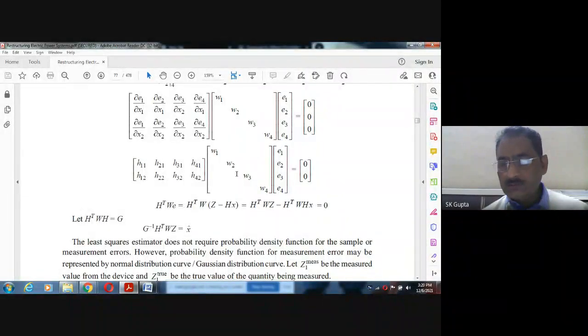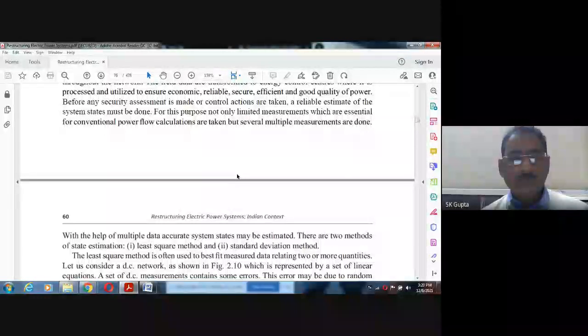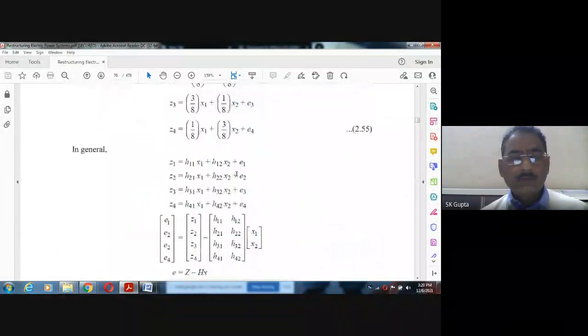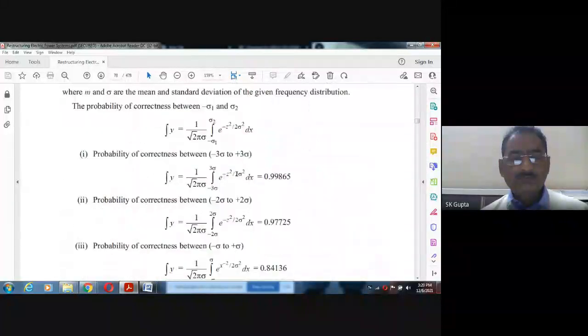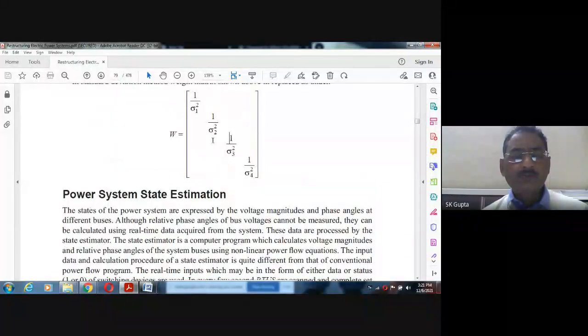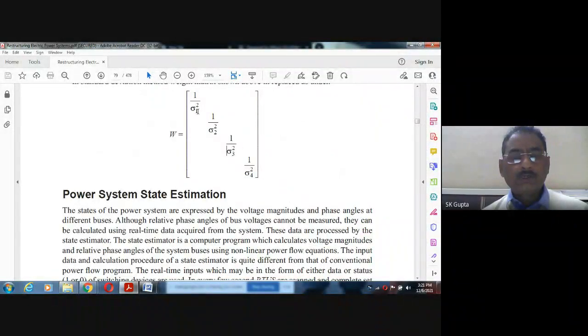These are the weights, and again the same formula you will apply here. We will get the weighting weights equal to 1 by sigma 1 square, meaning the standard deviation for the first measurement, the second measurement, the third measurement, and the fourth measurement.